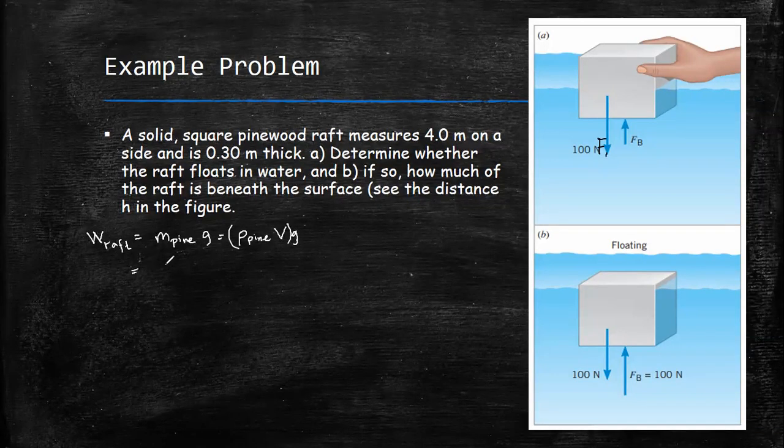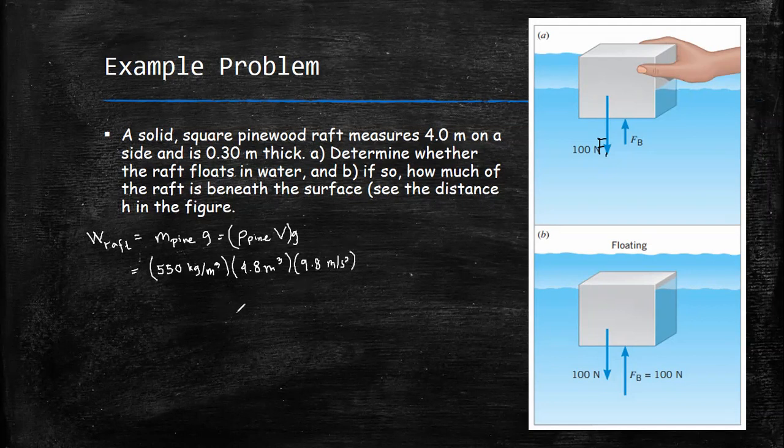So the density of the pine wood is equal to 550 kilogram per cubic meter times the volume of the pine, which is 4 times 4 times 0.30, which is equal to 4.8 cubic meter, times the gravitational acceleration, which is 9.8 meter per second squared.